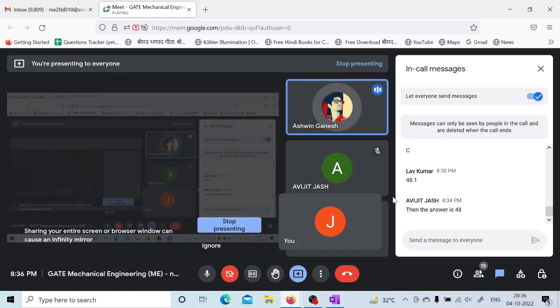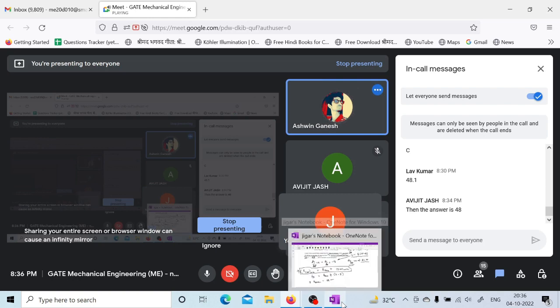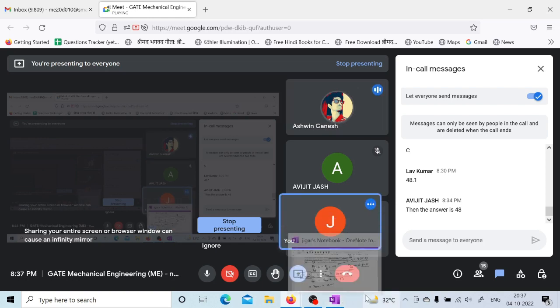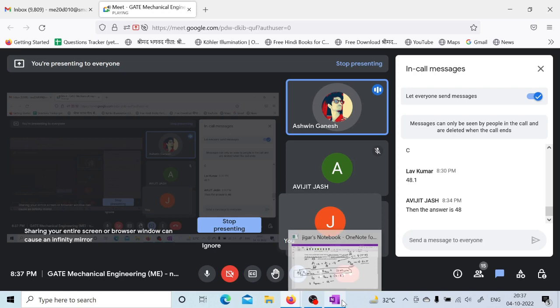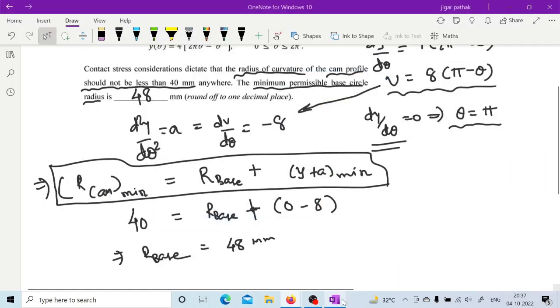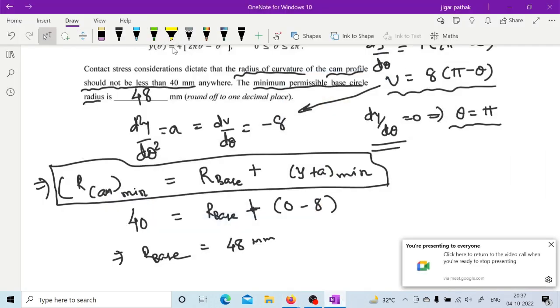Student: Excuse me, sir. In the last question, you told that the radius of curvature is calculated with the second derivative with respect to theta. Yes, the first derivative is slope, right? Yes, sir. But after that we followed some other steps, so I got confused. We went for the second derivative also, right?